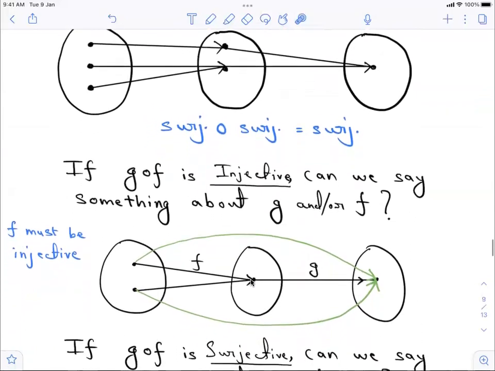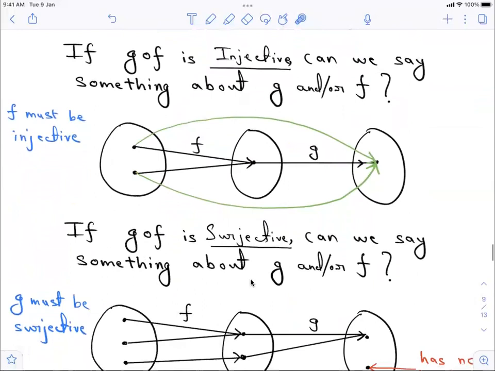Okay, let's make things a little bit more interesting by asking the reverse question. Suppose I tell you what the composition of two functions is, and then ask you to say something about the individual functions themselves.